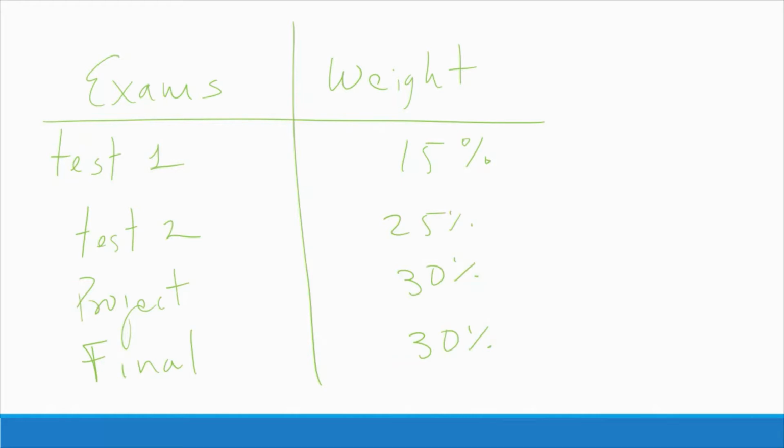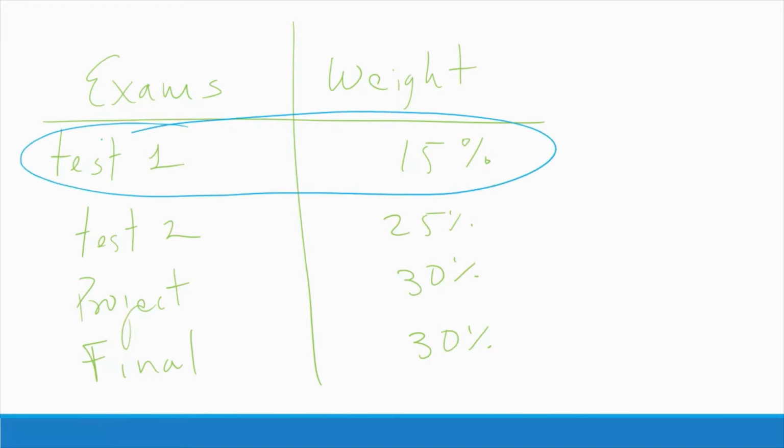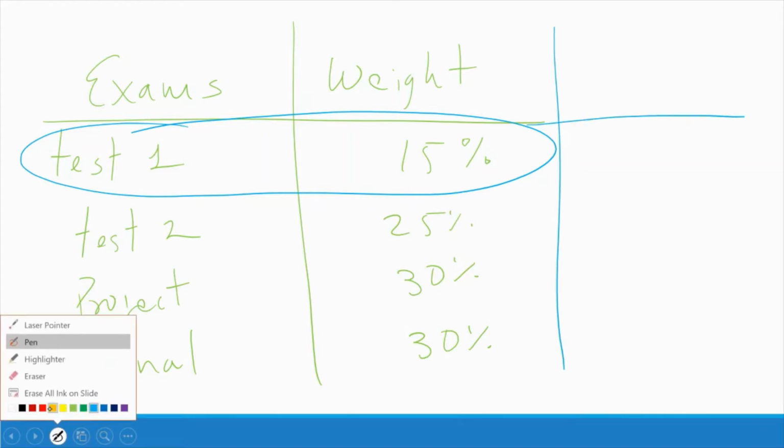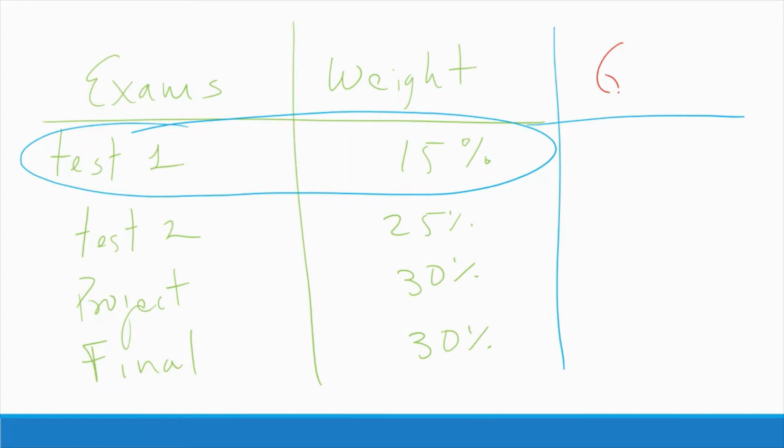So as you see here, each of the tests has a different importance. For example, test 1 has the least weight, 15%.